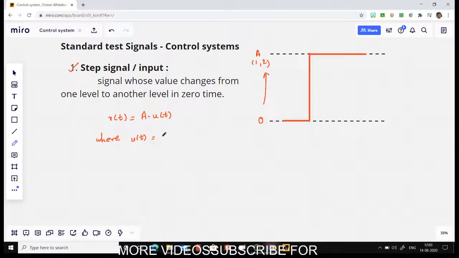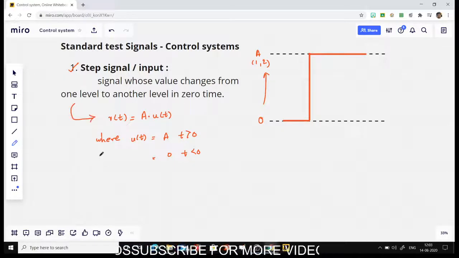This u of t will be 1 for all values of t greater than 0, from the graph you can easily predict, and it will be 0 for all values of t less than 0. So this is basically a representation of your input signal in a mathematical form.